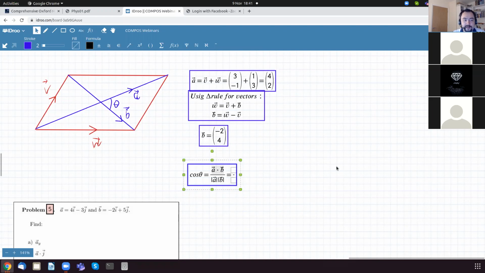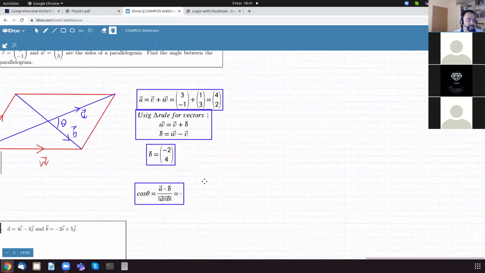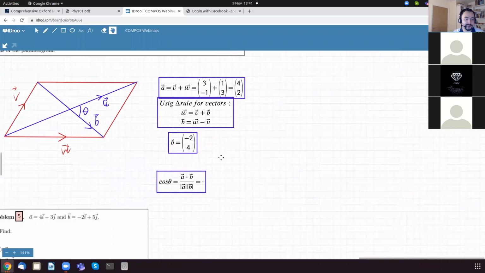Modulus is the length of the vector. Yes, if you're making an effort and you're working, then we would keep you on board.